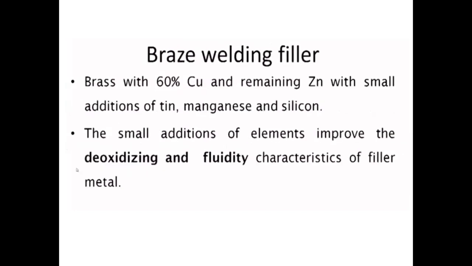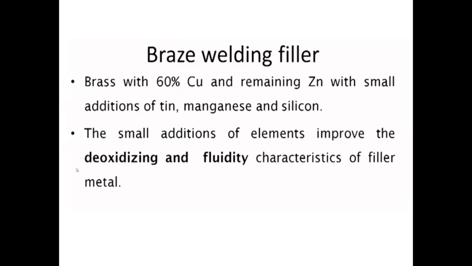The filler of braze welding is brass with 60% copper and the remainder zinc, with small additions of tin, manganese, and silicon. Those are added for specific reasons: either for more hardness, to avoid some reactions, or to have some corrosion resistance properties.